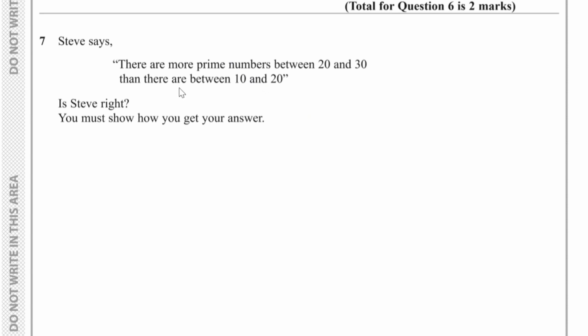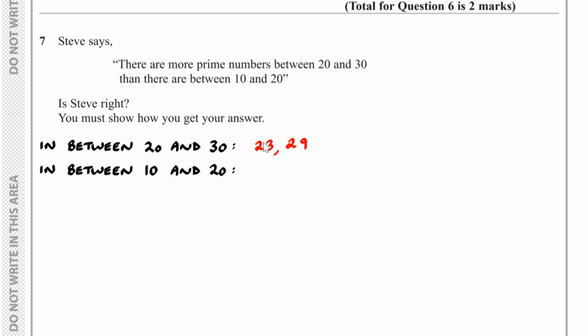Question number 7. Steve says there are more prime numbers between 20 and 30 than there are between 10 and 20. Is Steve right? You must show how you get your answer. Well, between 20 and 30, the prime numbers we have are 23 and 29.